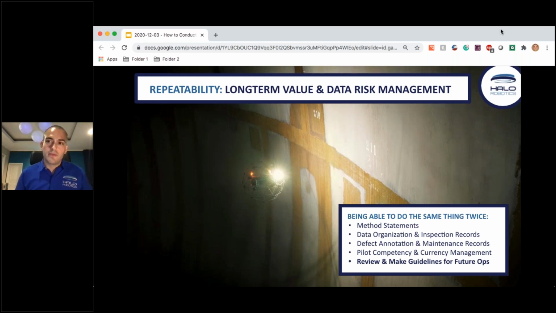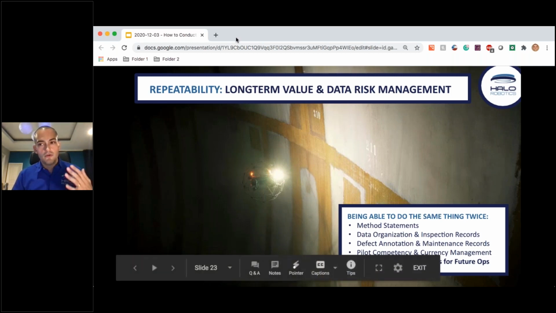And then something I would just mention, again in terms of repeatability, is that every single operation, you're going to learn something that you didn't know before, or you're going to have some thought about how this could be done better next time, right? And if that's the case, then document it. Really get rigid about documenting and creating what we call guidelines.